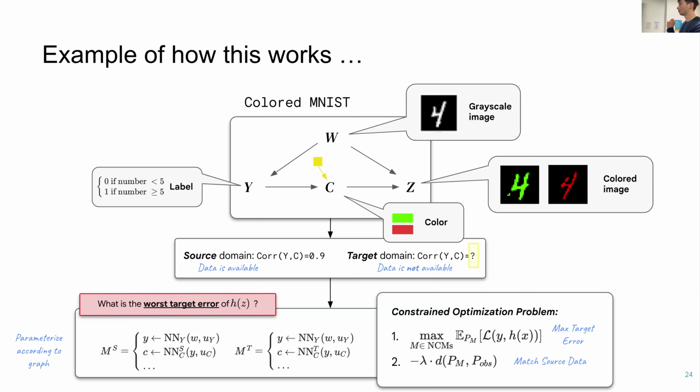And now for these models, for this class of models, we're interested in finding the model that maximizes the target error and also simultaneously is a model that generates the source data, right? So your source neural causal model, right, the one on the left, if you generate some data according to these functions, you're meant to recover the distribution of the source domain.